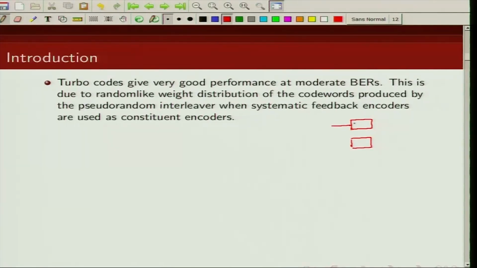So this is encoder 1, encoder 2. The information bit enters encoder 1 and the interleaved version of the information enters encoder 2. These are the parity sequences coming out of the first encoder and the second encoder, and then this is systematic. So this is an example of a rate 1/3 parallel concatenated code.